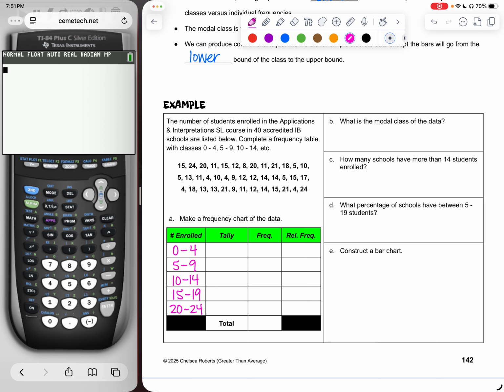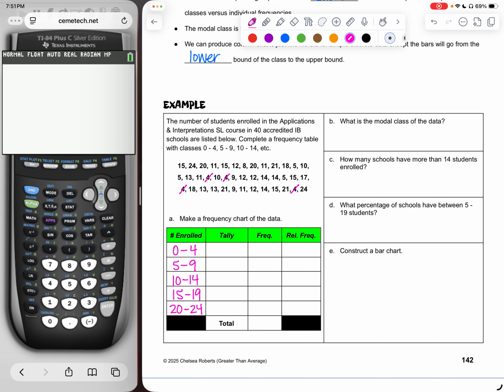Now we're going to count how many numbers are between 0 and 4. If we look at the first row, we have none. In the second row, we have 1, 2, 3, 4.